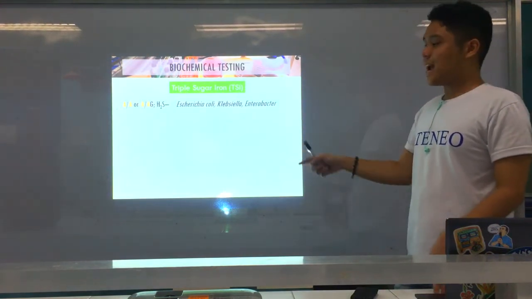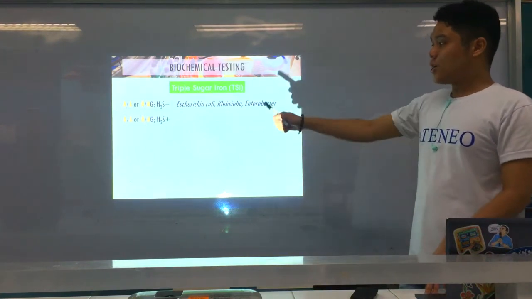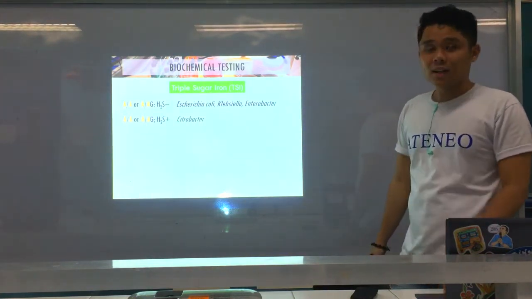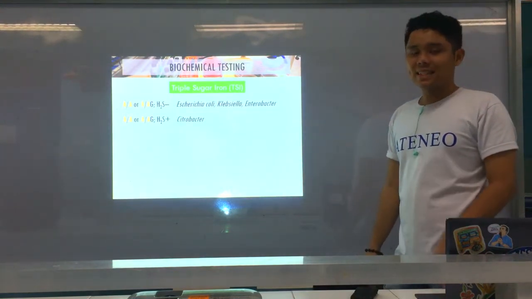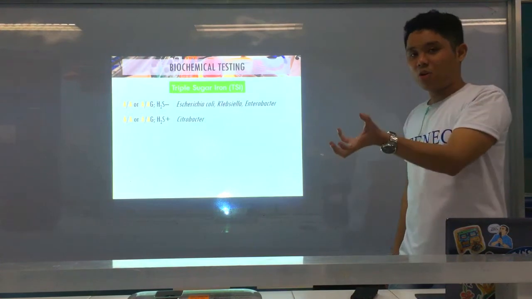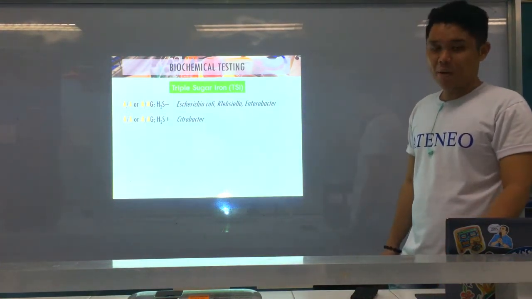So remember EKE: E. coli, Klebsiella, and Enterobacter. Next, A over A but H2S positive, you have Citrobacter. Now, Citrobacter is a late lactose fermenter, remember? So it is still positive, A, a glucose fermenter. So Citrobacter.